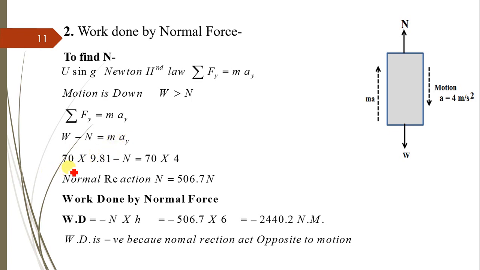Substituting, 70 into 9.81 minus N equals 70 into 4. Solving this, we get the normal reaction as 506.7 Newton. Work done by the normal force equals force multiplied by the displacement h. The normal reaction acts vertically upward, therefore it is minus N, and the displacement is downward, hence the work done is negative, that is 2440.2 Newton meter or 2440 joule. Work done is negative because the normal reaction acts in the opposite direction.